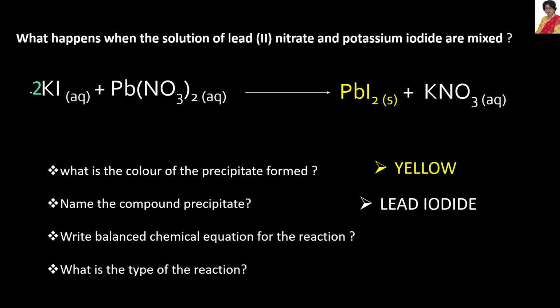We will put 2 here and 2 here. So 2 KI plus lead nitrate forms lead iodide and 2 potassium nitrate. So 2 K, 2 K, 2 iodine, 2 iodine, 1 lead, 2 nitrate, 2 nitrate. Hence the reaction is a balanced chemical reaction.